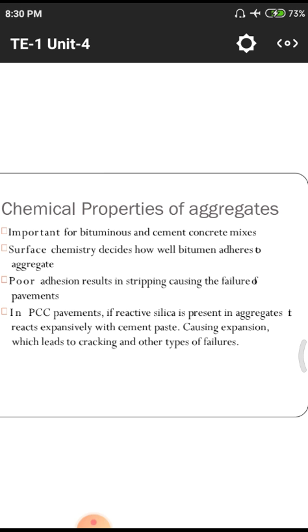In different roads, we observe different quantities of failures due to external parameters and internal parameters. What are the external parameters? All those things which act on the exterior parts of the road come under external parameters. Wind is acting on the exterior of the road, water is external, and vehicles are moving on the exterior of the road, so those are also external causes.